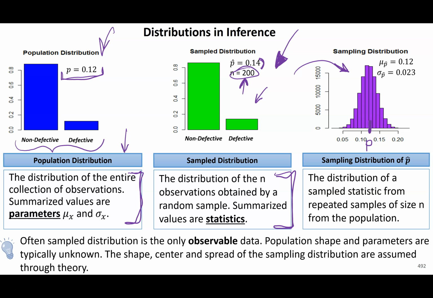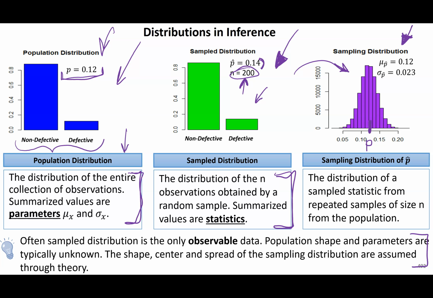So just like before, we're most likely to have the sample distribution. It's usually the only thing we're actually able to observe. We would love to observe the population distribution or the sampling distribution of p hat, which has all the unique samples of that size and the sample proportion from all of those samples.